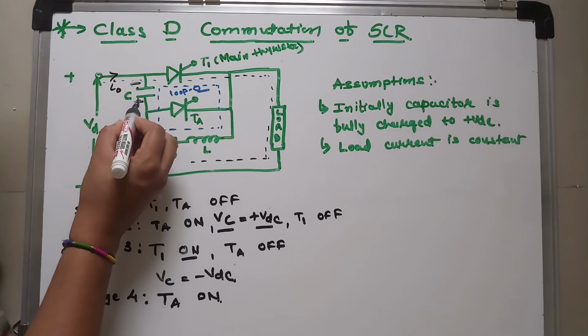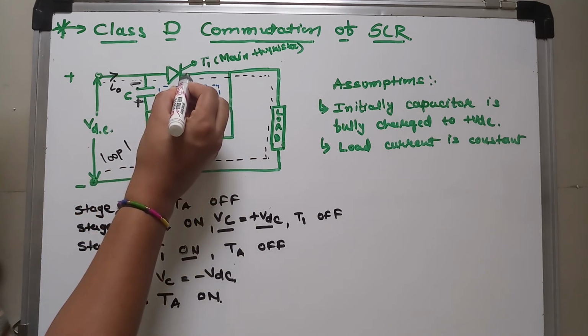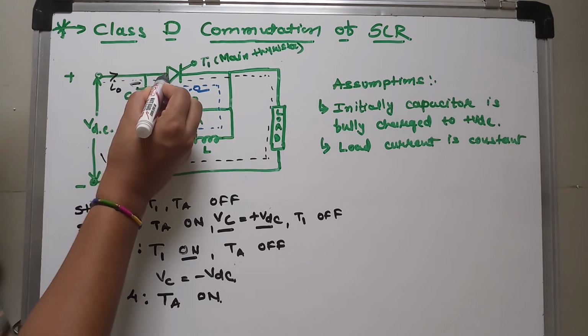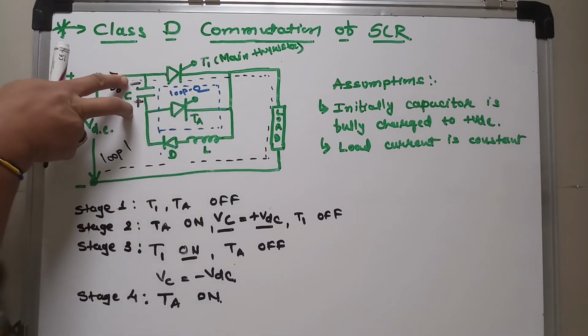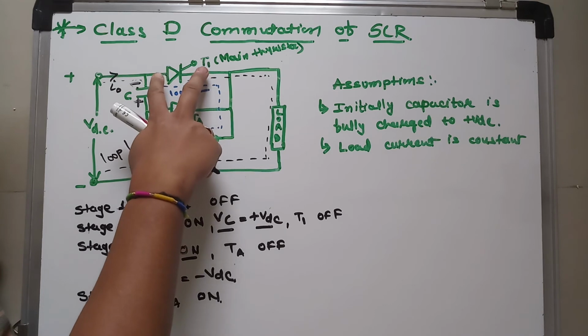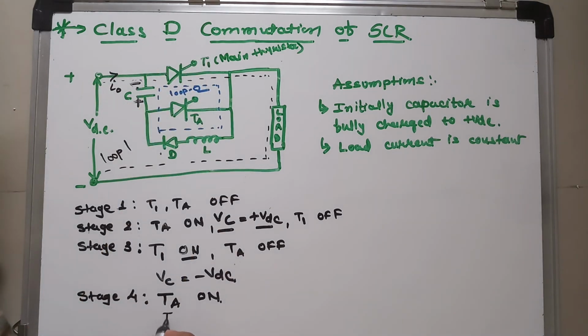So positive appears directly at the cathode of the thyristor, and negative at the anode of the thyristor. This negative capacitor voltage appears as a reverse voltage across the main thyristor, and T1 is turned off.